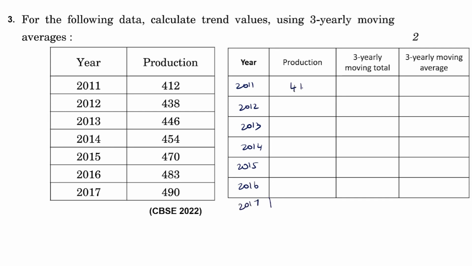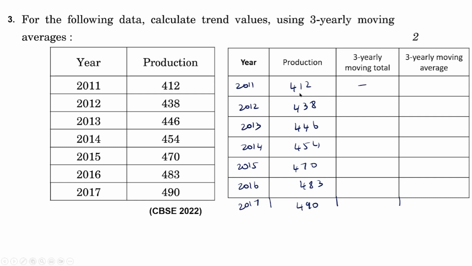The production values are 412, 438, 446, 454, 470, 483 and 490. So we do not have any value for the first year.